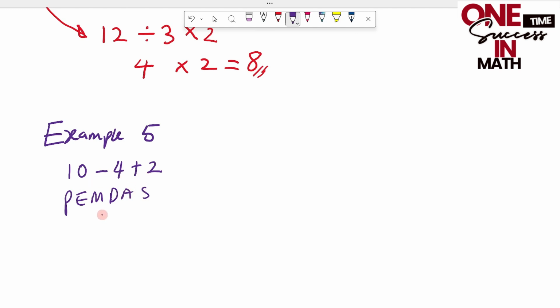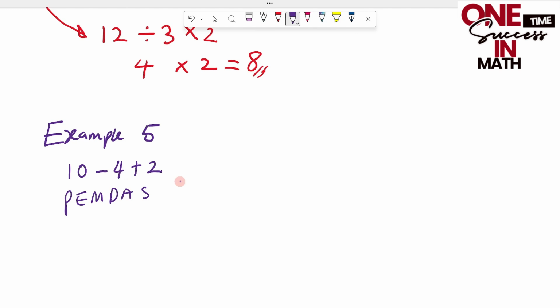But the truth is, if we do addition before subtraction, in this case, we will be wrong because we consider addition and subtraction to be of the same equal priority. They are equal. So the same thing we did when we had just division and multiplication, we went from left to right. We'll still do it here. We'll go from left to right.